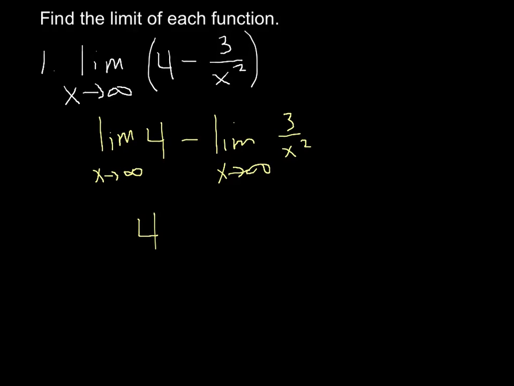And the limit of 3 divided by x squared as x approaches infinity, that was the property we just saw. Here's our x to the r down here in the denominator, so we know that limit is going to be 0. So the limit of this entire function, 4 minus 3 divided by x squared, as x approaches infinity, will have a value of 4.